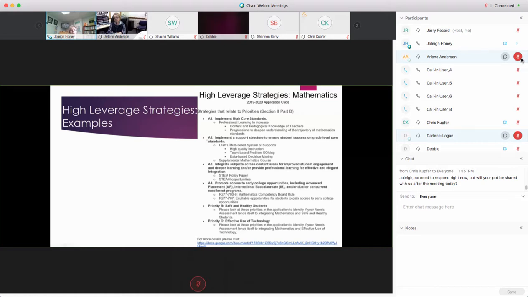And notice that one of the things we have going on is Utah's multi-tiered system of supports document. So when you're talking about making sure that students are on grade level course standards, referencing and having use of that is something to consider.